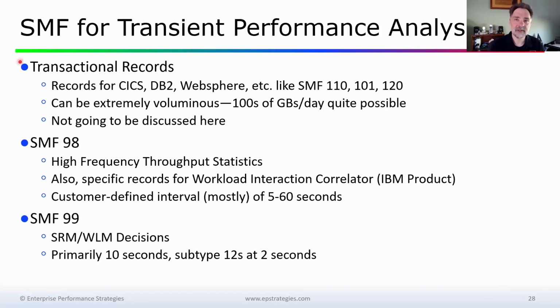First off, there are these transactional records that are cut for CICS, DB2, WebSphere, and other address spaces, like the 110s, the 101s, the 120s, et cetera. Often you can get a per-transaction level of detail, right? So per CICS transaction, per transaction coming into DB2 or WebSphere. These can be very voluminous. I mean, hundreds of gigabytes a day are quite possible.